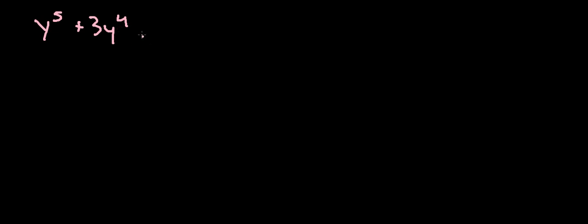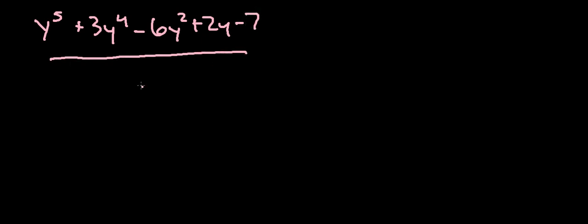And this one I have here is y to the 5th plus 3y to the 4th minus 6y squared plus 2y minus 7, divided by y squared plus 2y minus 3.